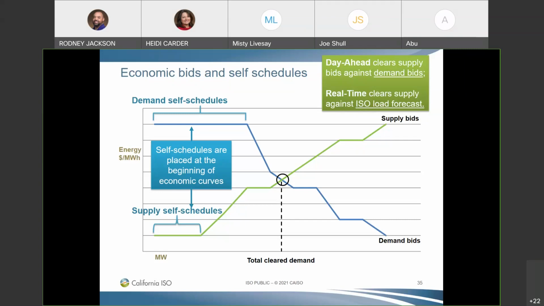To have it be where there are only self-schedules, that would have to be across the board, so that probably would not happen. So you're still going to end up with a price and quantity that clears based on taking all of the bids that are in the market, putting those self-schedules at the beginning of the curve, and then all the other bids and everything.